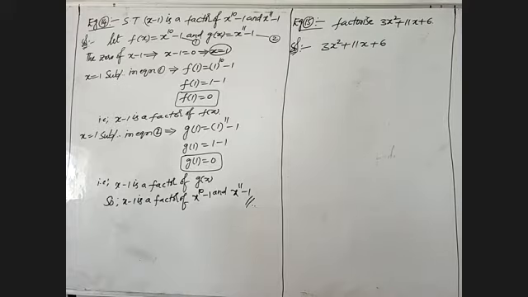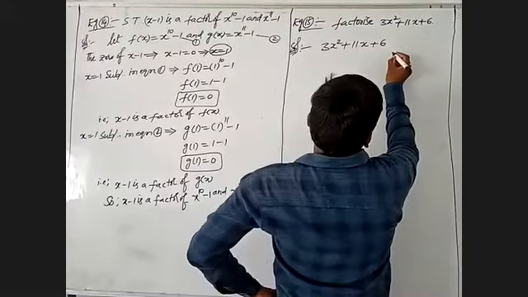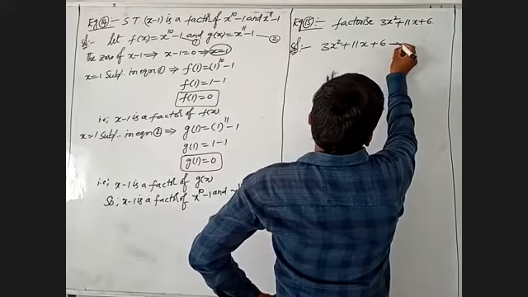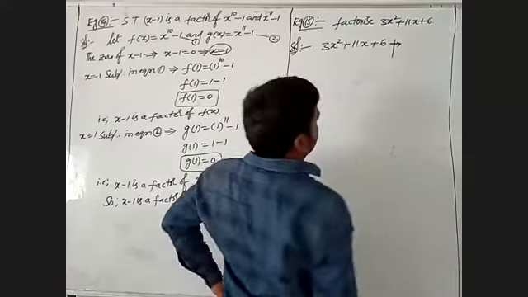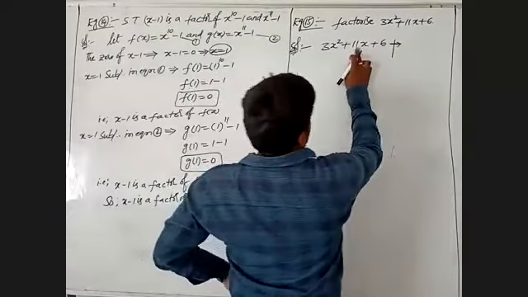Here we must satisfy two conditions. What are the two conditions? In the first condition, we take the middle term, and the sum must satisfy it.